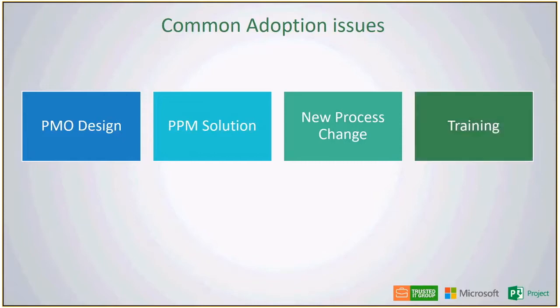Okay, so the training. A lot of times we hear that training is a key to success, training and training and training. We have a lot of cases where the wrong approach, or not the optimum approach, to the training didn't help.